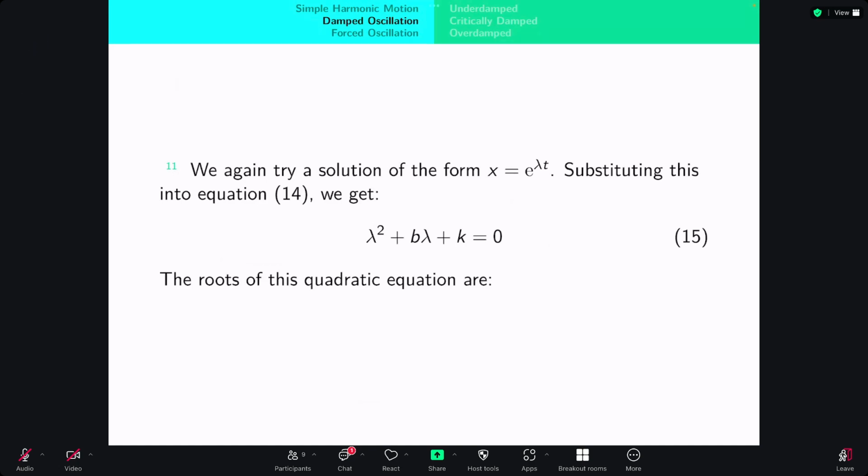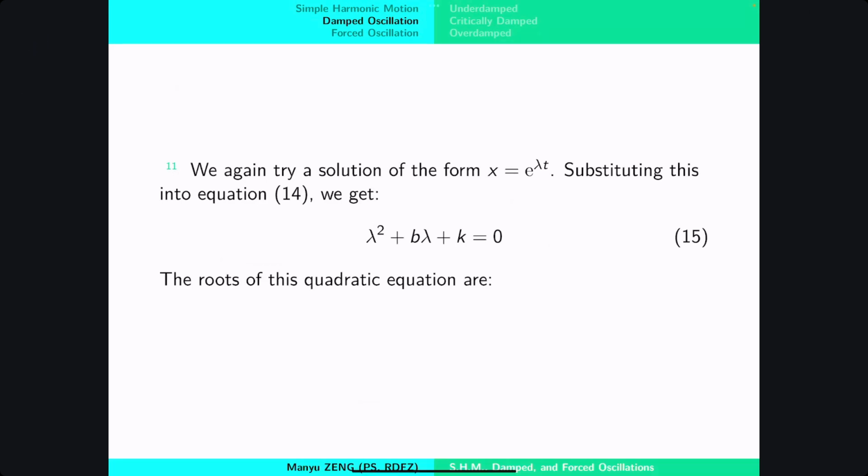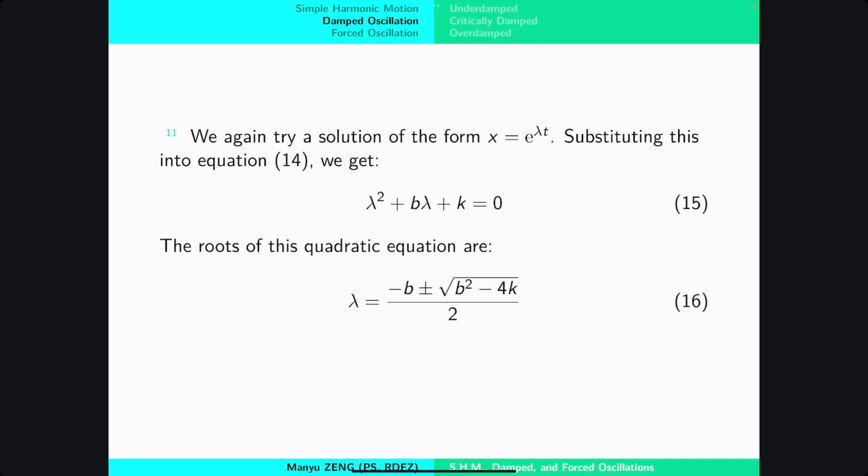The quadratic equation can be solved. So lambda equals, this is the general formula of the quadratic equation. And of course, under the square root, b squared minus 4k can be positive, 0, or negative. So once you want to solve a quadratic equation, you must consider three cases, right?